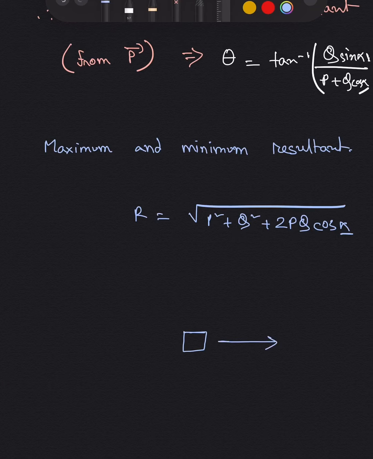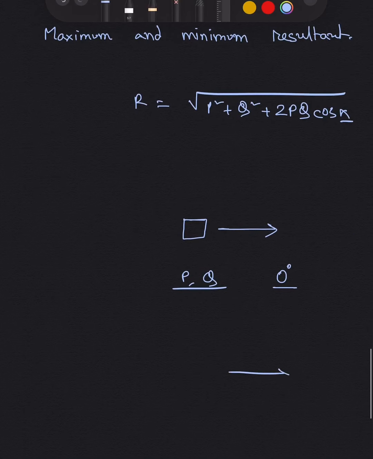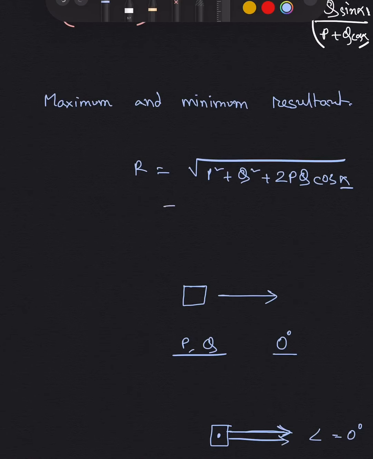Now when you push the book in the same direction with both of your hands, that is with both the forces P and Q, what is the angle between P and Q vectors? The angle would be 0 degree. Why? See, P vector is towards this direction and Q vector is also towards this direction, acting at the same point of the book. Since these two lines are parallel to each other, the angle between them would be 0 degree. So we put alpha equals 0.